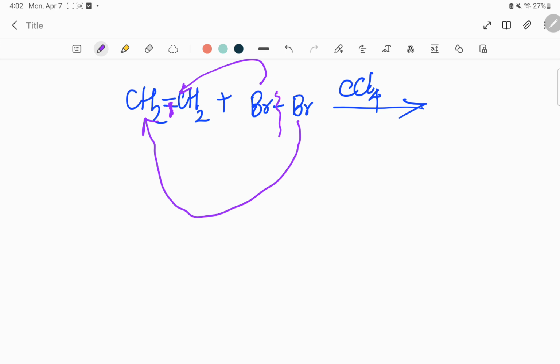Why the pi bond is broken is something you have already learnt in grade 11. Pi bonds are weaker because they do not overlap extensively; they follow lateral overlap. As a result, the pi bond is weaker.